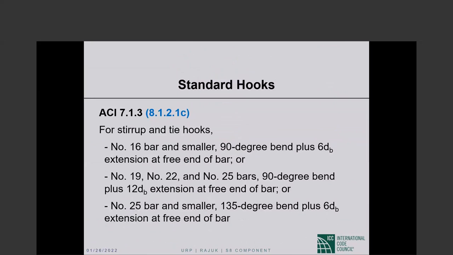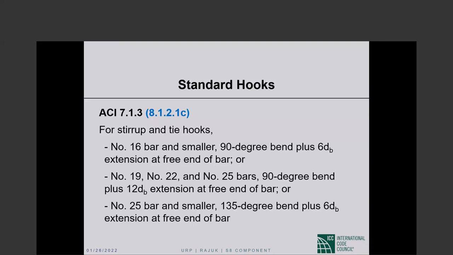So those are for longitudinal bars. For stirrups and ties, standard hooks are for number 16 bar and smaller, 90-degree bend plus 6-bar diameter extension at free end of bar. So the standard hook for longitudinal bars is somewhat different from standard hook on stirrups and ties.